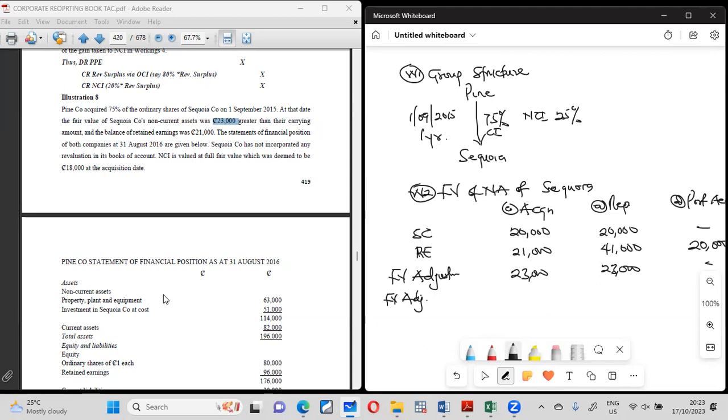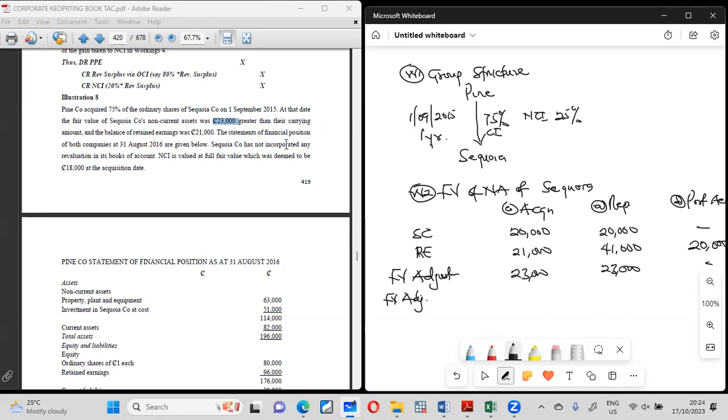But most of the time, you check what the question says about what you should do about the fair value adjustment depreciation. It will tell you that the fair value adjustment depreciation is supposed to be depreciated over 3 years. Then that is where you need to multiply.